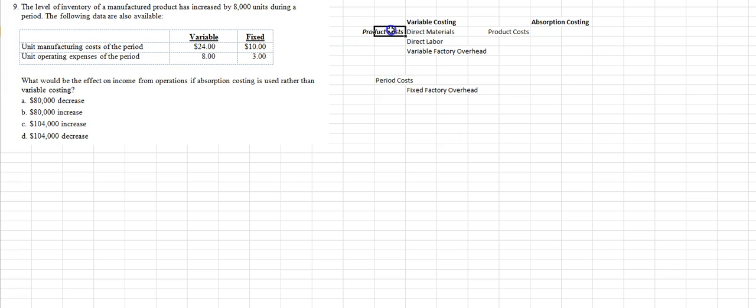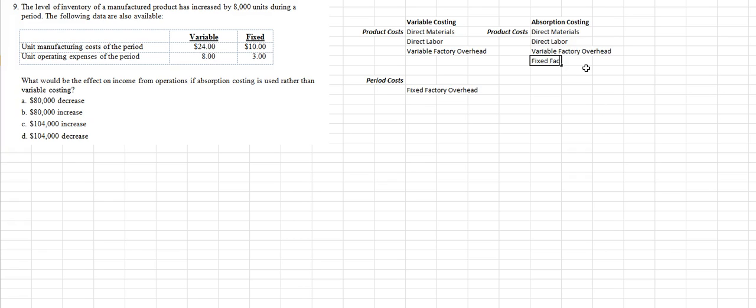Okay? Under absorption costing, we're going to include as product cost direct materials, direct labor, variable factory overhead, and fixed factory overhead.